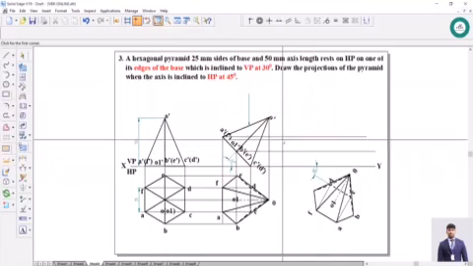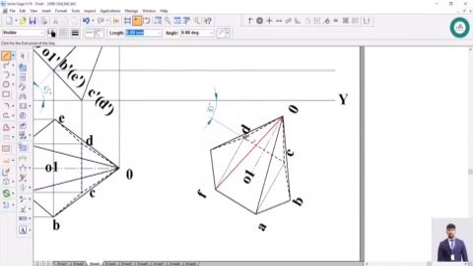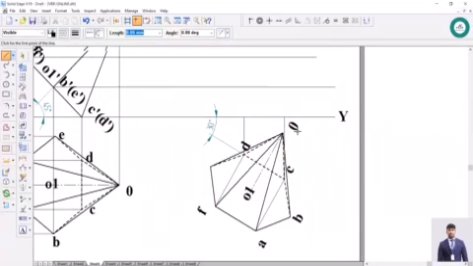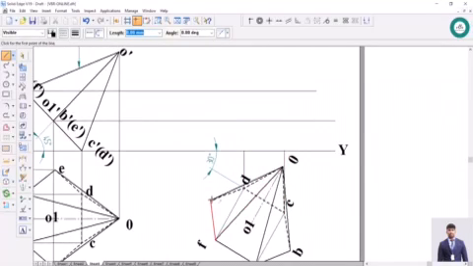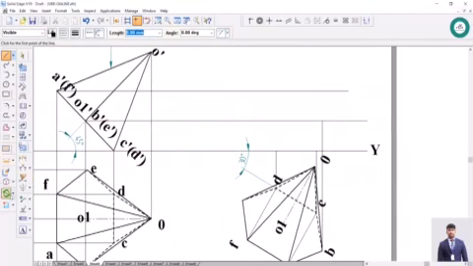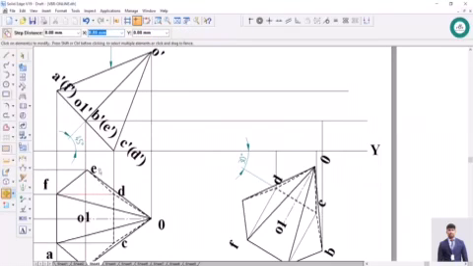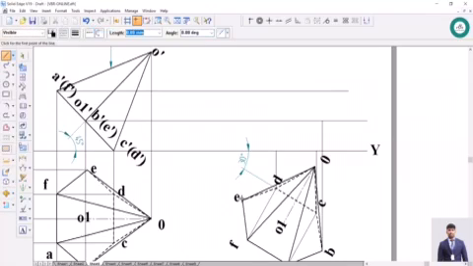Next, zooming this, we know that the resting edge falls on the XY line. Next, this point B falls somewhere here. So I missed E, so I'm placing this. Go to line command.